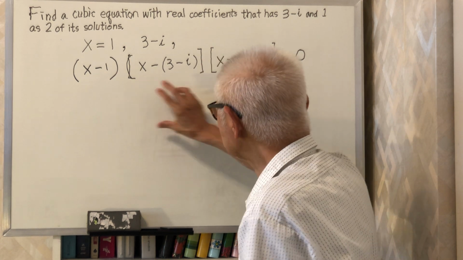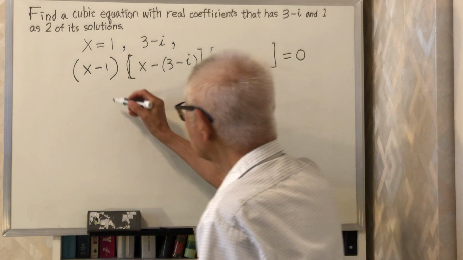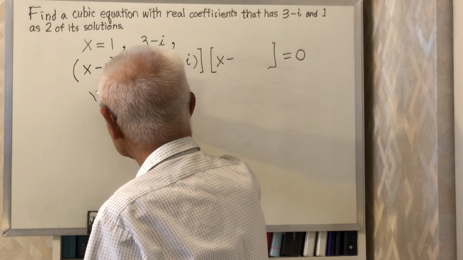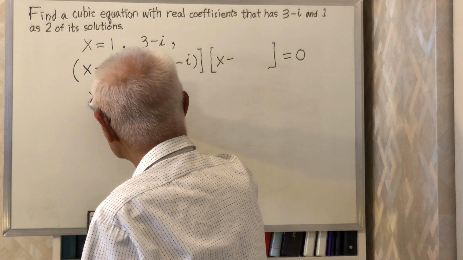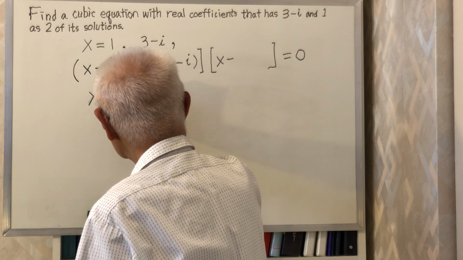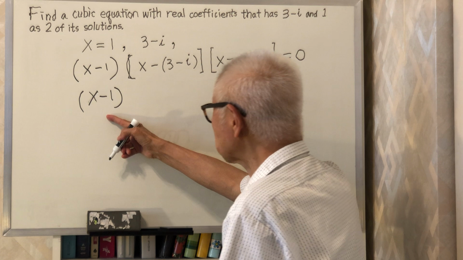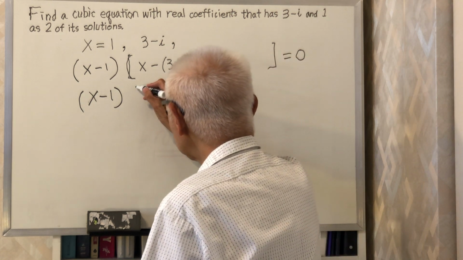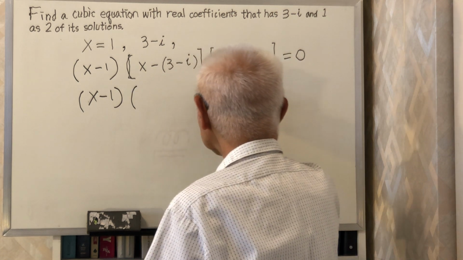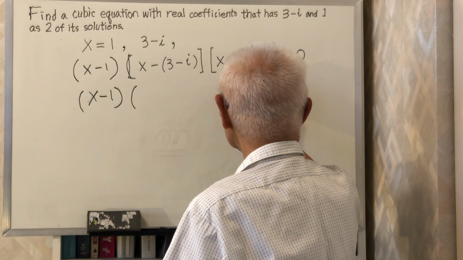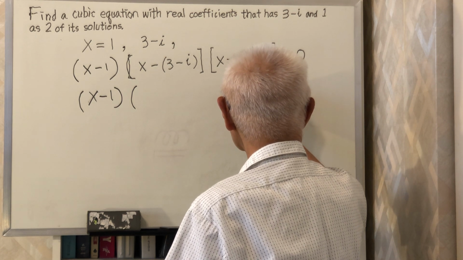What about the other factor? I know this cubic. I factor the cubic equation. This is one bracket. I must have another bracket equal to 0.